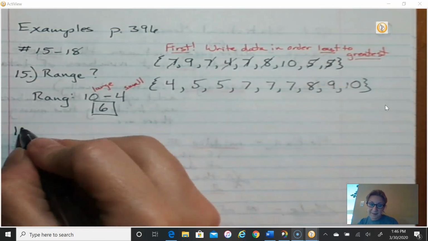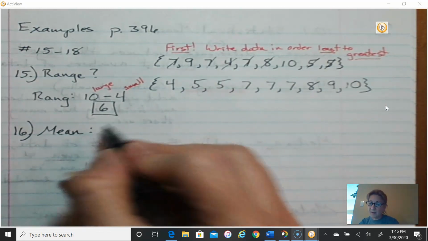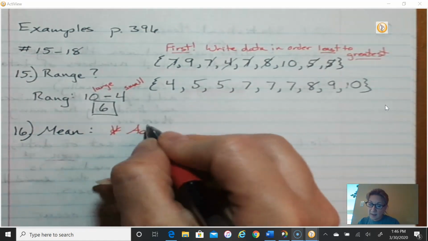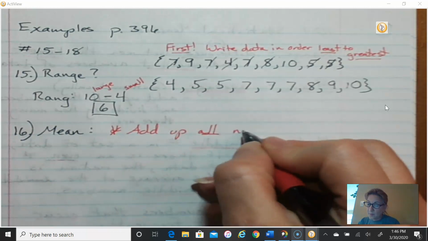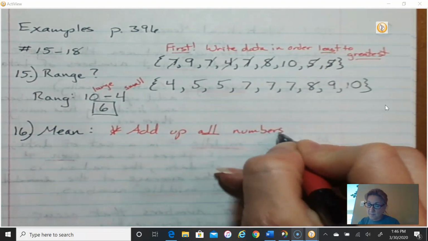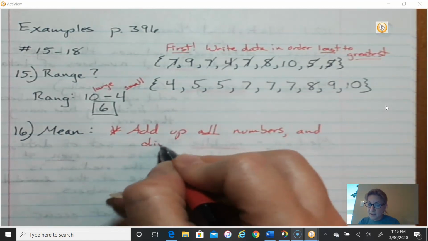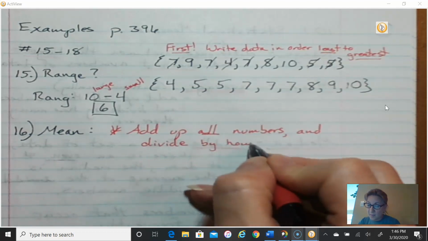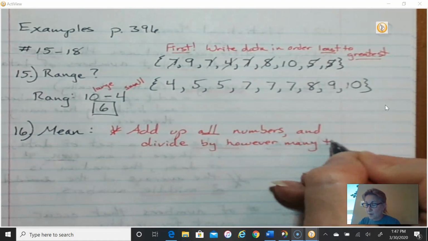All right, so 16. They want to know the mean. Now, remember, add up all the numbers and divide by however many there are.